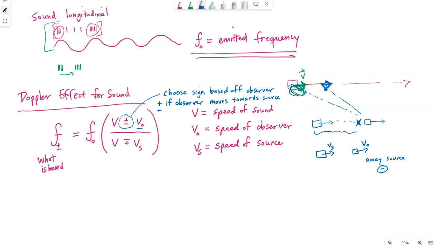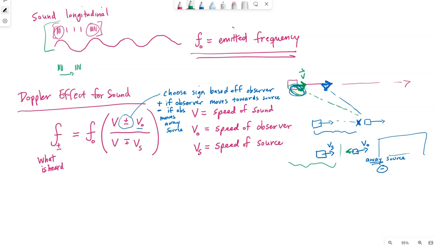So in the numerator, we use the minus sign if the observer moves away from the source. So to the right, the source is not over here. And that's why we consider that away from the source. Towards the source, we would need to be driving to the left towards this location where the source is located.